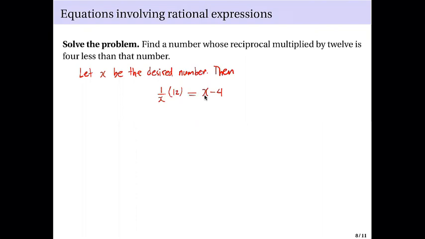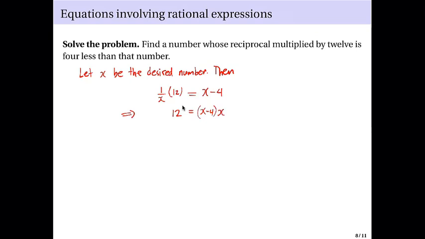Okay? So, solving for x, take note, x is a denominator here and there is no other denominators here. Well, except for that invisible one. So we multiply both sides by x. We'll have this 12 equals (x minus 4) times x.